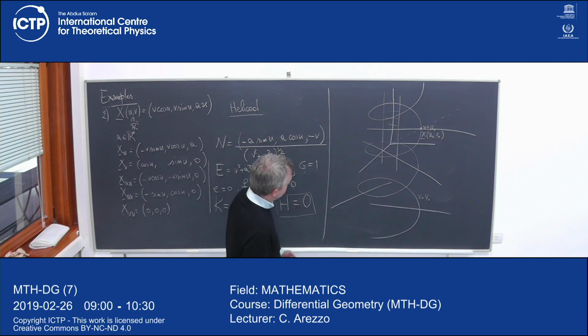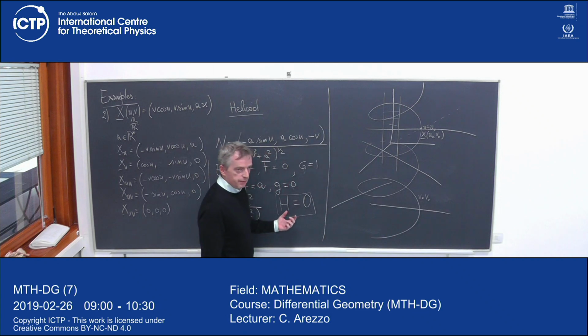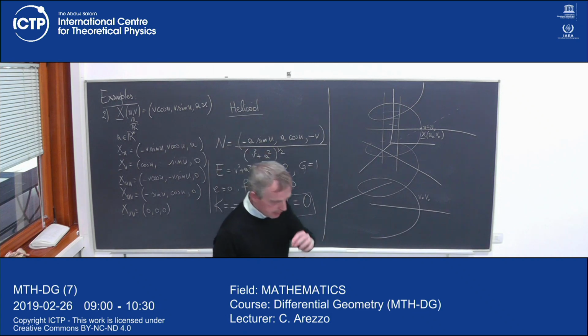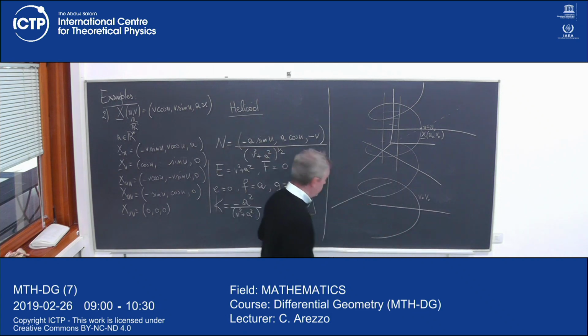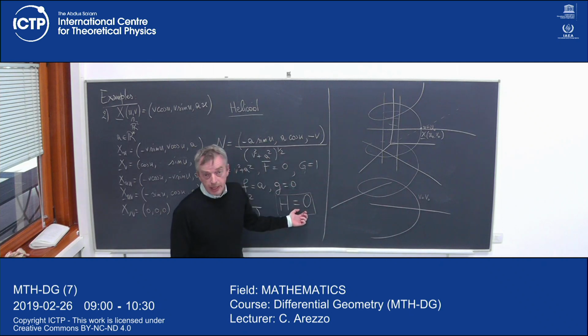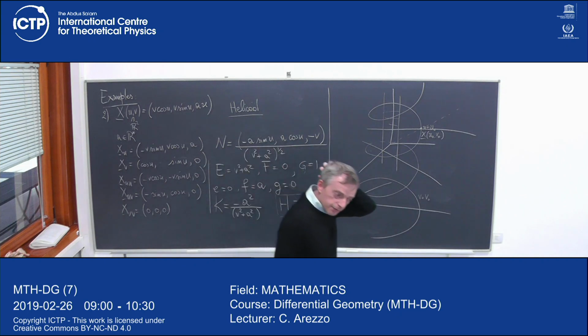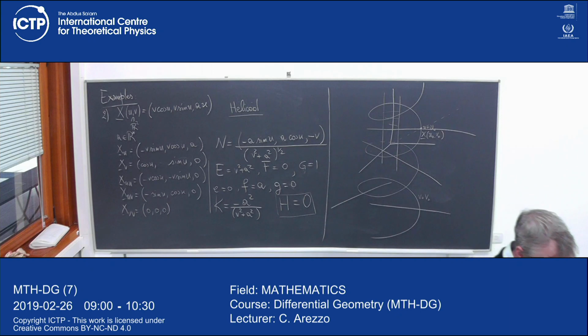This is called a minimal surface. It's one of the simple examples. Of course, you know another one with this property. You know the plane. So the plane is a minimal surface. The helicoid is a minimal surface. There are many others, but actually, how many? It's a very active field of research.